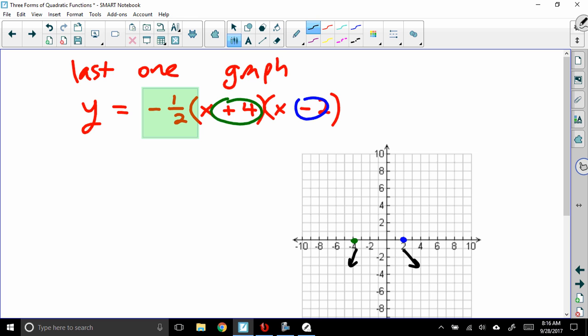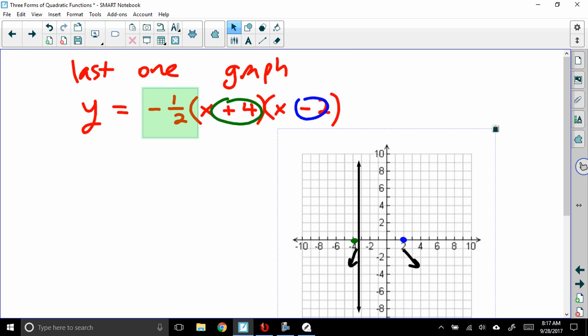Could we tell? Relative to the x-intercepts, where do you suppose the axis of symmetry is going to be? In between these two? Well, how far in between those? Dead smack in the middle, right? You guys just came up with the formula to find the x-coordinate of the vertex. So how do we do that? We just kind of average those 2 points, right?